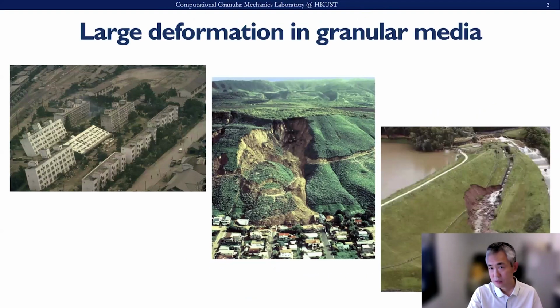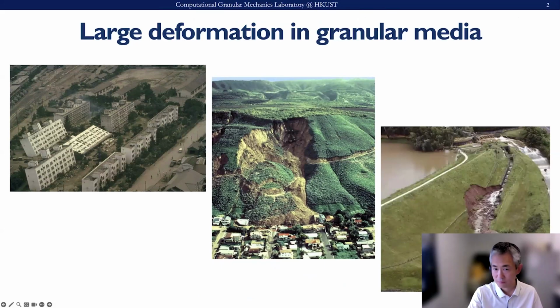Okay, and so the problem can be represented in such a way. For example, the problem showed before, this would be the famous Kobe earthquake picture after the earthquake, where the sand foundation liquefied and caused the collapse of this building here.